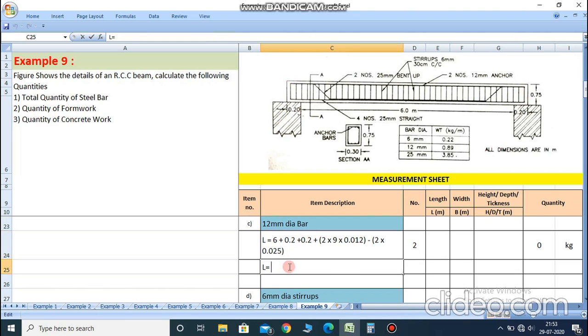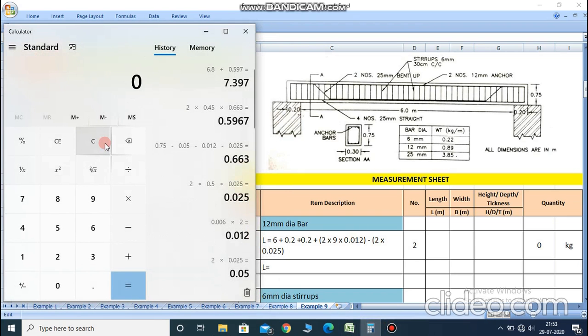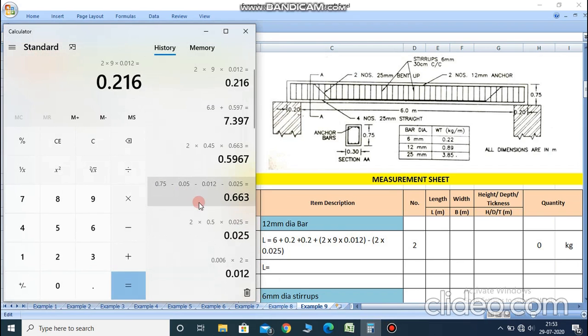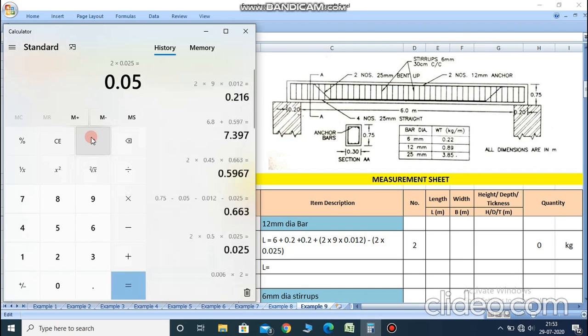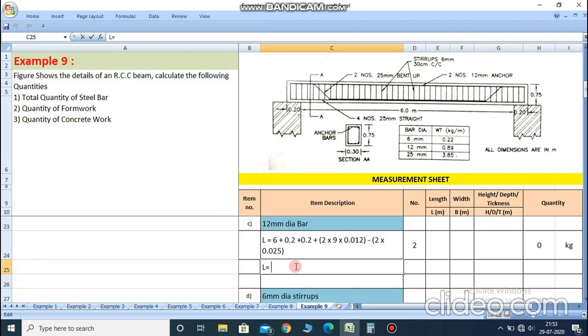So for the total length, first we calculate 2 multiplied by 9 multiplied by 0.012. So the answer we got is 0.216, and 2 multiplied by 0.025, the answer is 0.05. So 6 plus 0.216 minus 0.05.